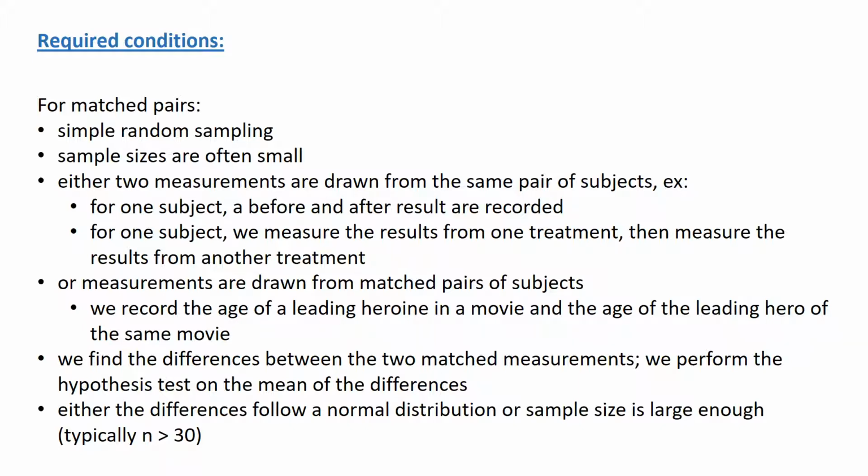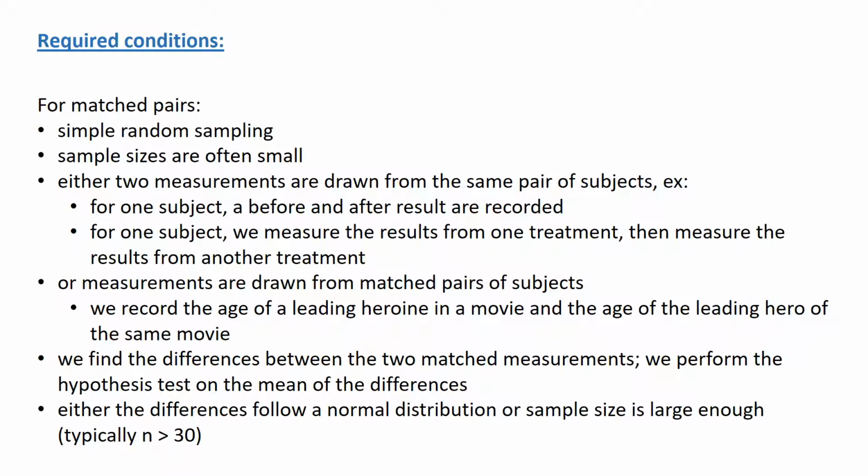We would take the same subject and measure the results after one blood pressure medication, then administer a different blood pressure medication and measure the results after that and subtract the results. For that subject, the measurement would be the difference between the two results. We could also have two different populations, but we match the pairs of subjects.